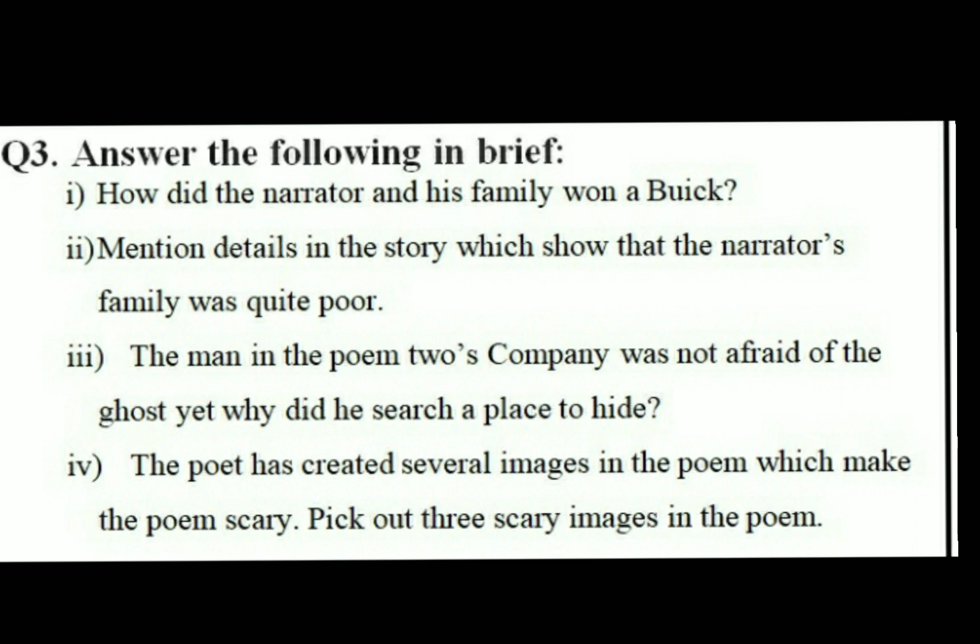Now let us move on to question number 3. Answer the following in brief. So, the first question is, how did the narrator and his family win a Buick? And the answer is, the narrator's father had bought 2 raffle tickets, and one of the raffle tickets he had got was declared as the winner.